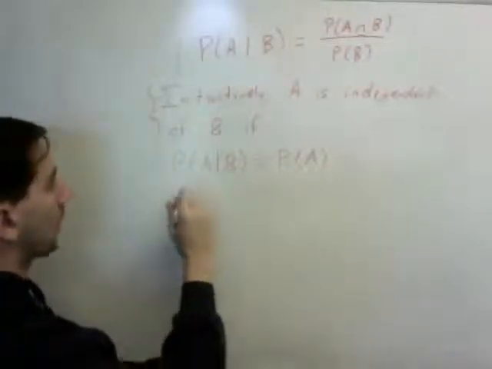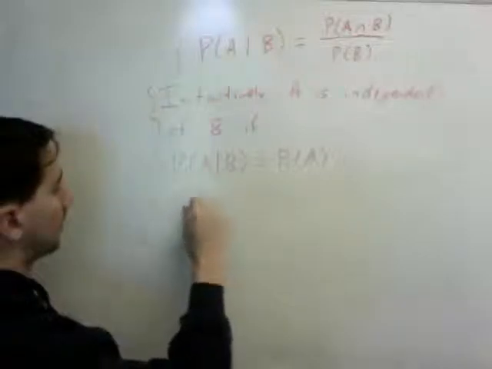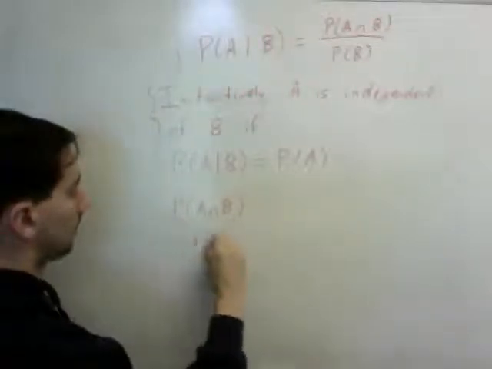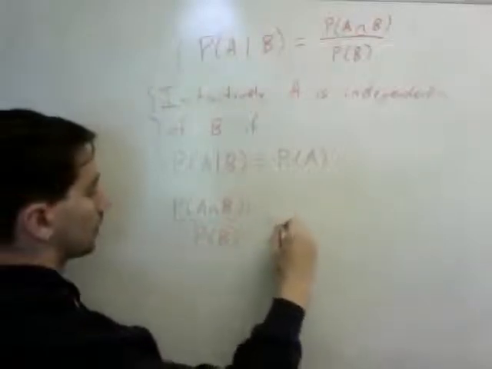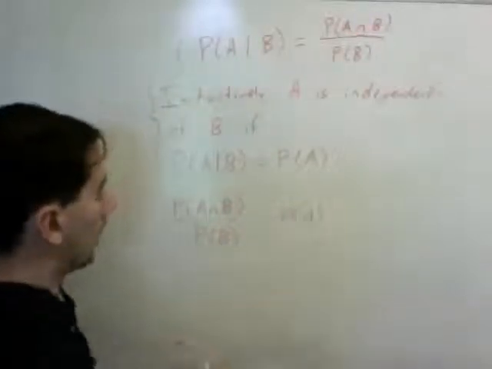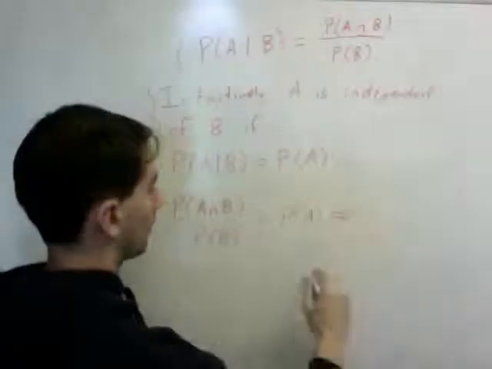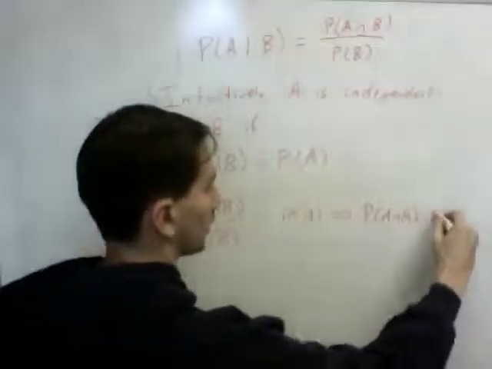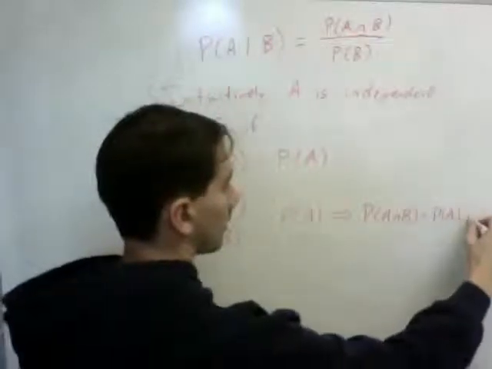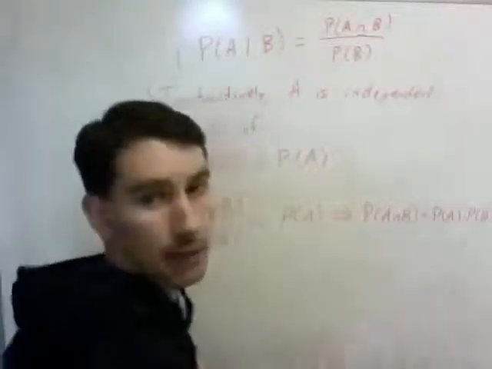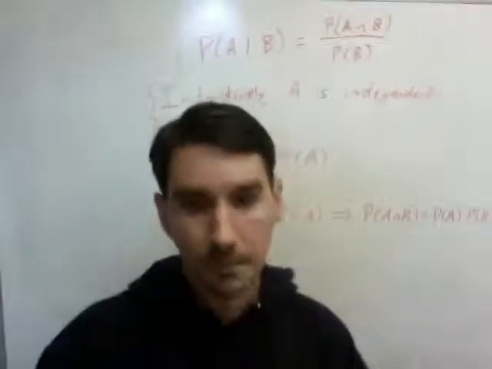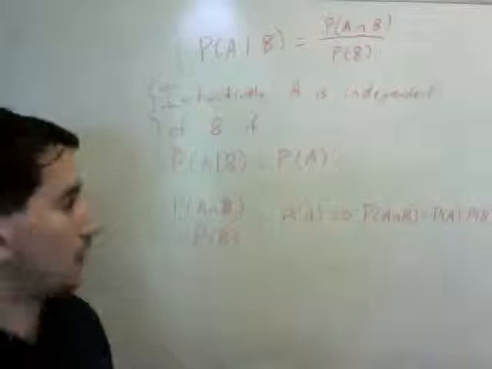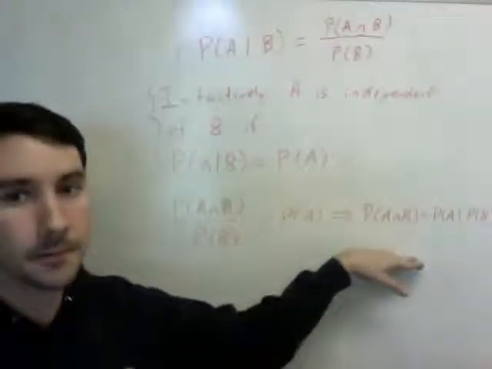So substituting in here, we have the probability of A intersect B divided by the probability of B is equal to the probability of A. And so that implies then that the probability of A intersect B is equal to the probability of A times the probability of B.